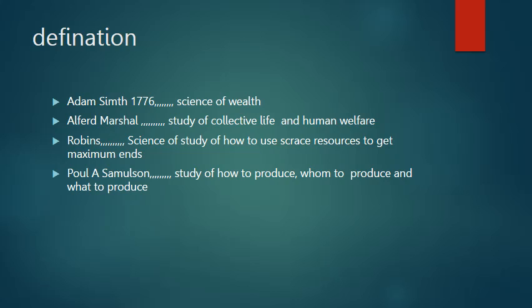And moreover, Alfred Marshall's definition gave economics a broadness. It becomes something much more than the study of wealth, as it's the study of collective life and human welfare. But still, it had certain drawbacks. Like, if you consider collective life, take an example of a person who is living outside society.